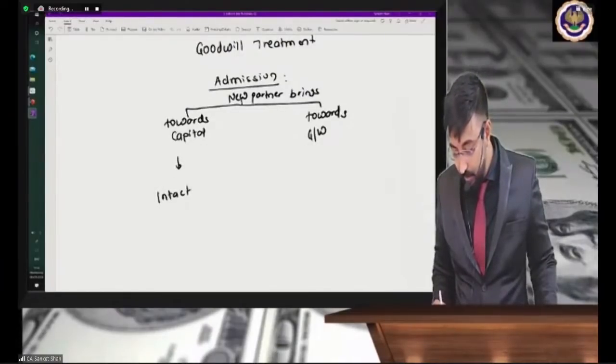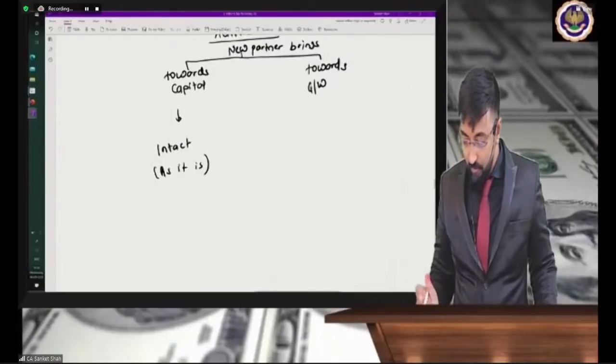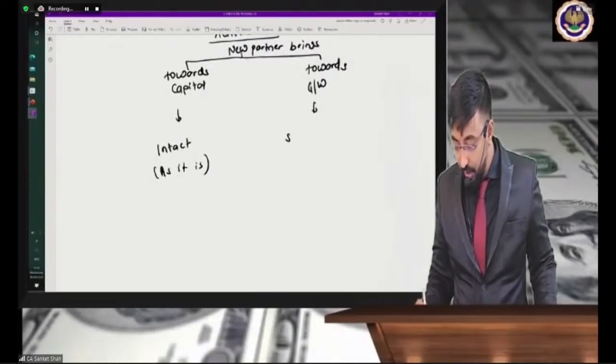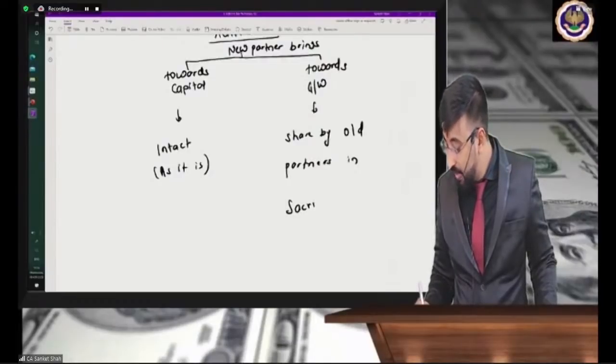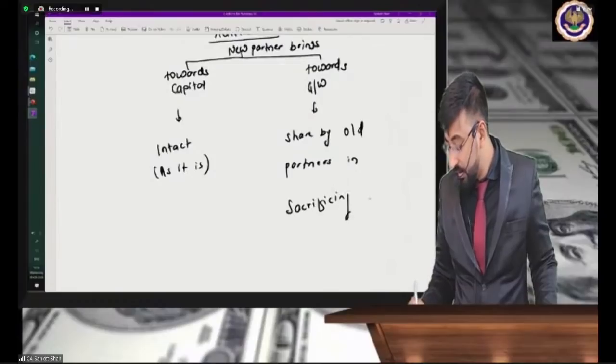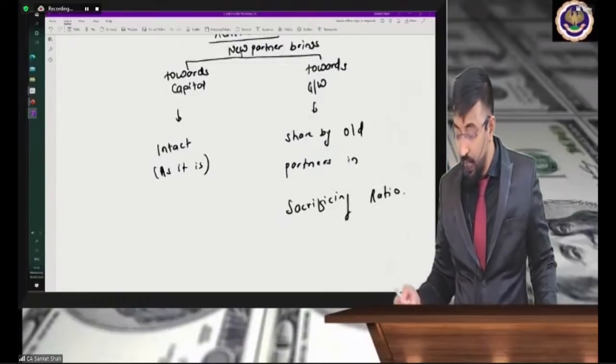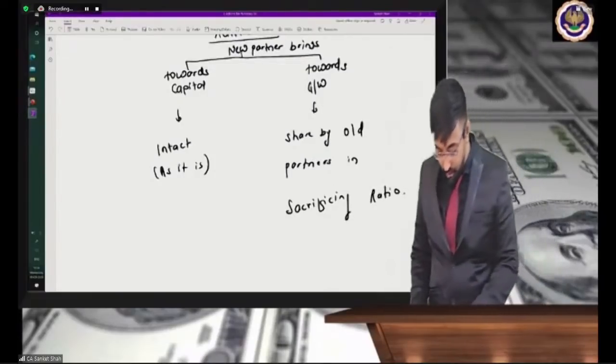Capital is intact, meaning as it is. Goodwill is shared by all partners, in which ratio, beta? बेटा आपका ध्यान किधर होता है मुझे समझ में नहीं आता. Shared by all partners in the sacrificing ratio.